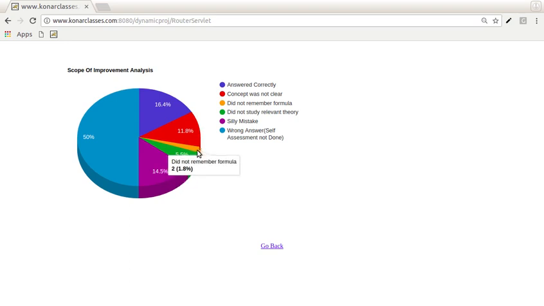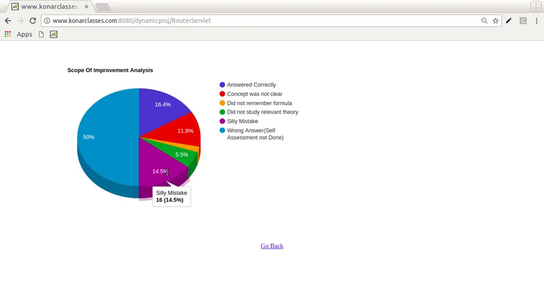A very tiny percent, 1.8%, is mistakes made because I didn't remember the formula. Then 5.5% shows that my answer went wrong because I didn't study the relevant theory from where the question came. And 14.5% is showing that my answer went wrong due to silly mistakes.